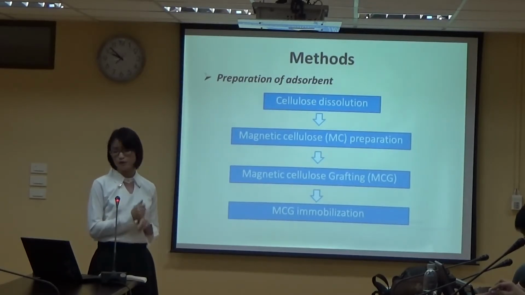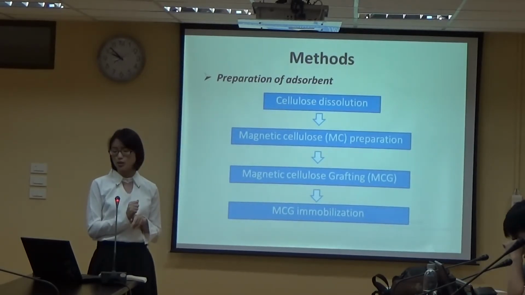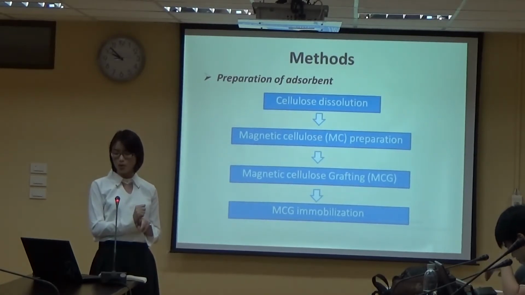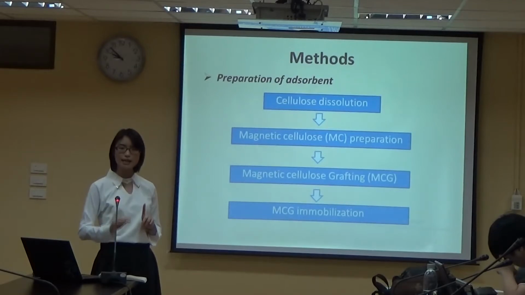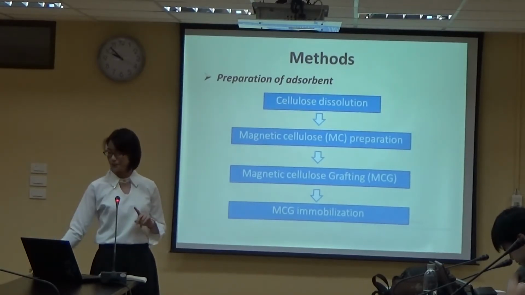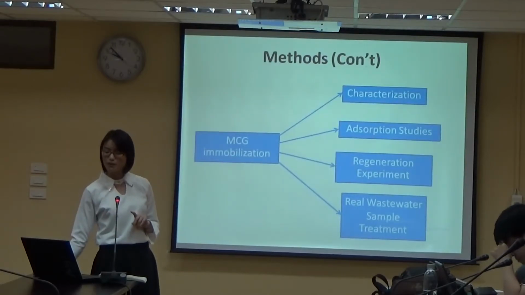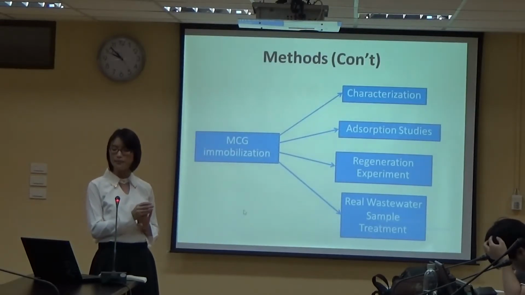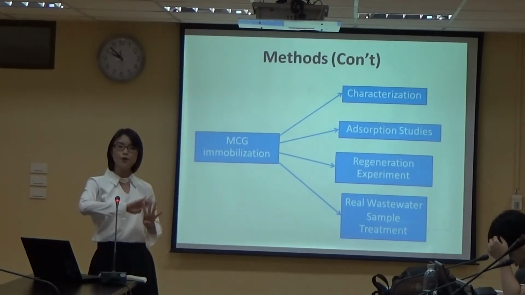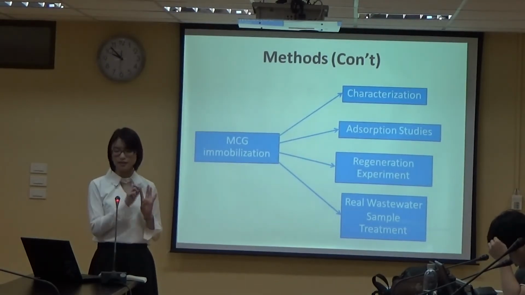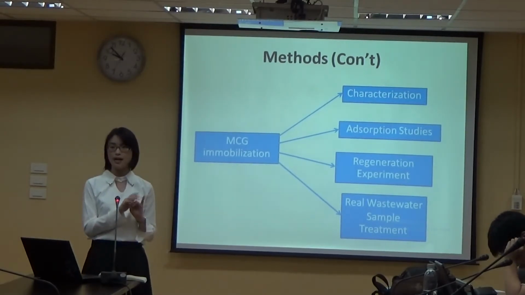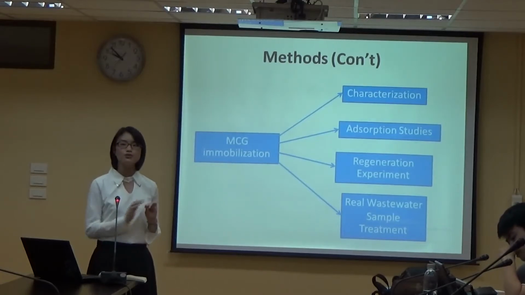For the preparation of the adsorbent, first we dissolve the cellulose, and then we prepare magnetic cellulose, and then we graft it. Lastly, we immobilize this grafted magnetic cellulose. For the application method, we use the obtained immobilized MCTs, or magnetic nanoparticles, and we study four main contents, which are characterizations, adsorption studies, regeneration experiments, and real wastewater sample treatment.